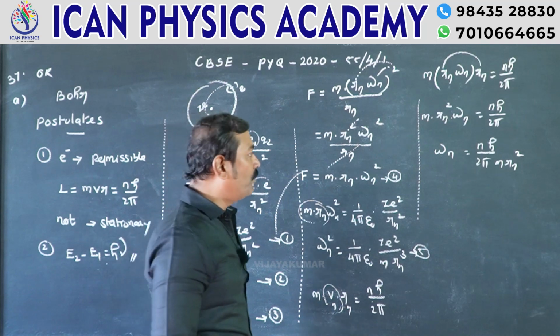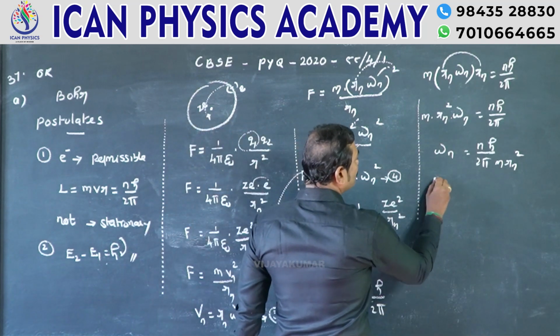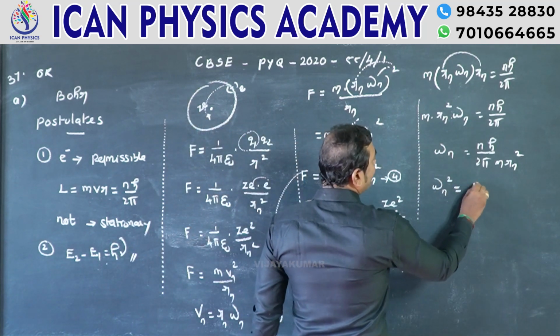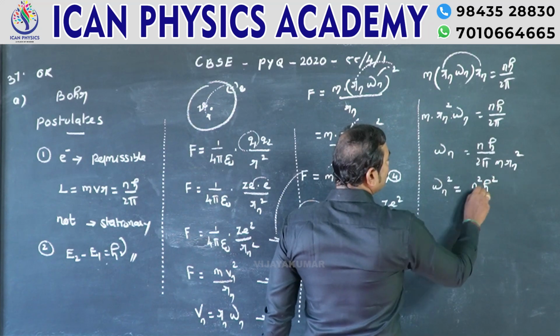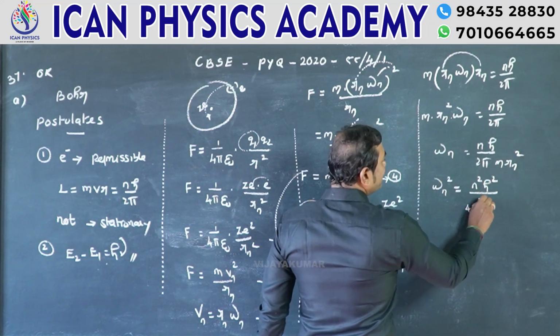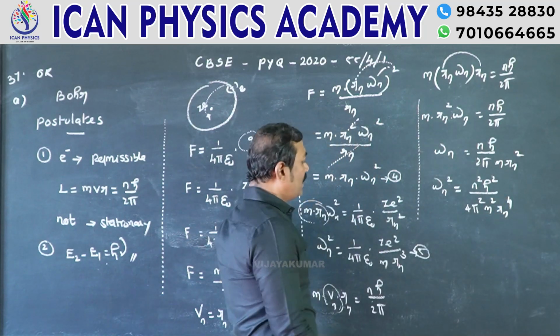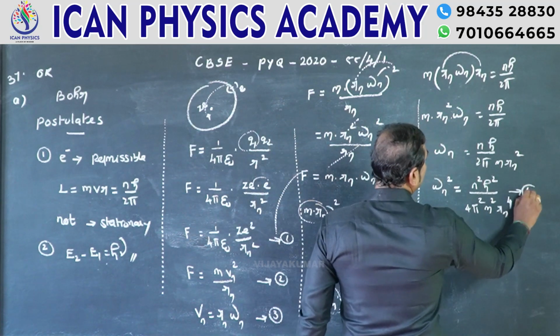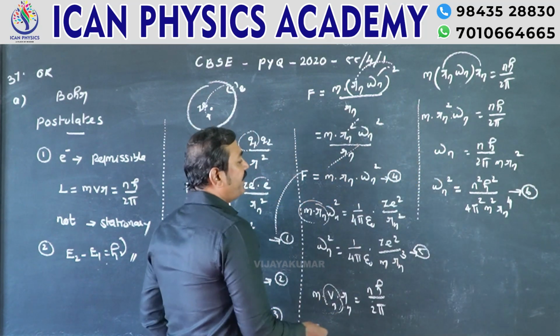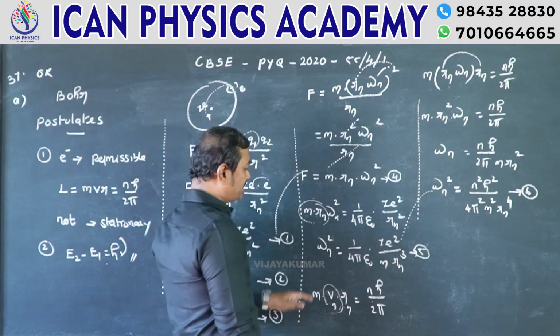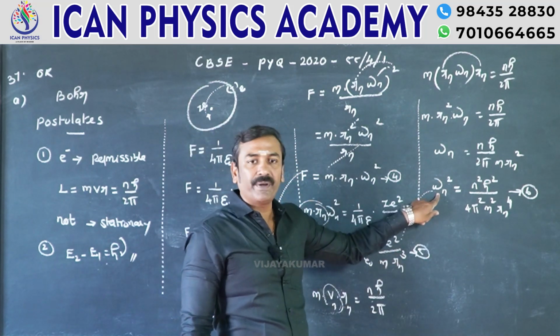Now square on both sides. So omega n squared equals n squared h squared by 4 pi squared m squared Rn power 4. Now it's taken as equation number 6. Now compare 5 and 6. Omega n squared, omega n squared.